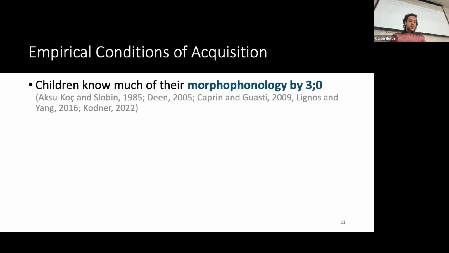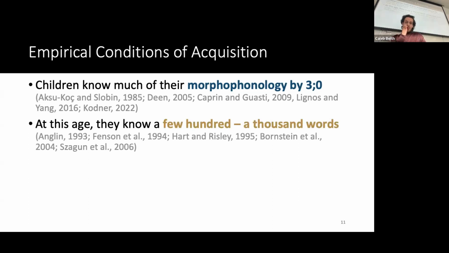And we know from other cross-linguistic studies that children at age 3 tend to know something on the order of a few hundred word types, maybe upper bounded by 1,000, something in that range. So the conditions that we'll be looking at in the case studies are conditions where we're learning over roughly hundreds to 1,000 words.